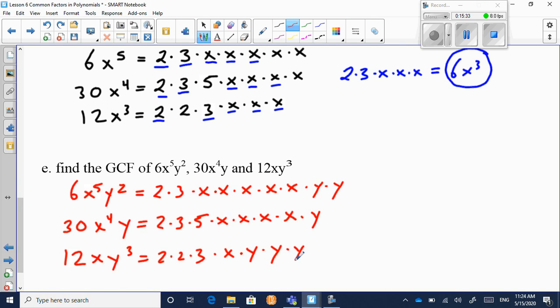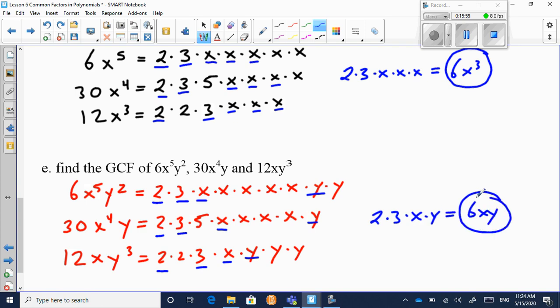Okay, so here we go. Let's get the common factors. Well, we've already seen that the 2 and the 3 are common to each. They all have an x, and they all have 1 y. So the greatest common factor is 2 times 3 times x times y, or 6xy. That's what's common to each of these terms.